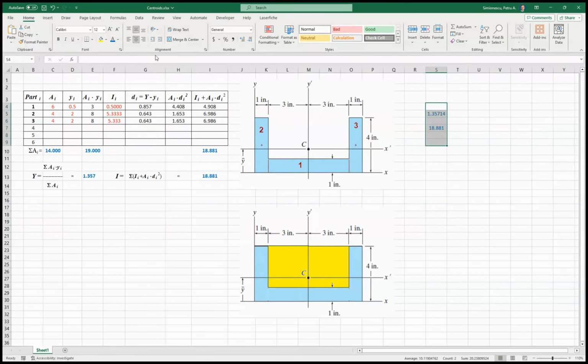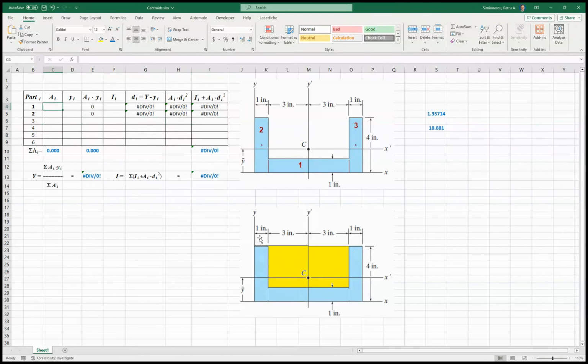These were values from before, and I'm going to delete this 3 and these here, and we're having only two parts. I need to delete all these here.